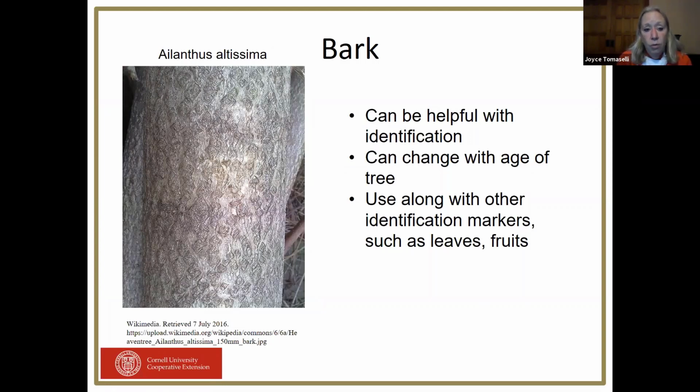But as they get older, they get really more distinct bark characteristics. And there are books and there are keys online that let you just define something by its bark. This happens to be tree of heaven, and this bark is described to look like a cantaloupe melon.